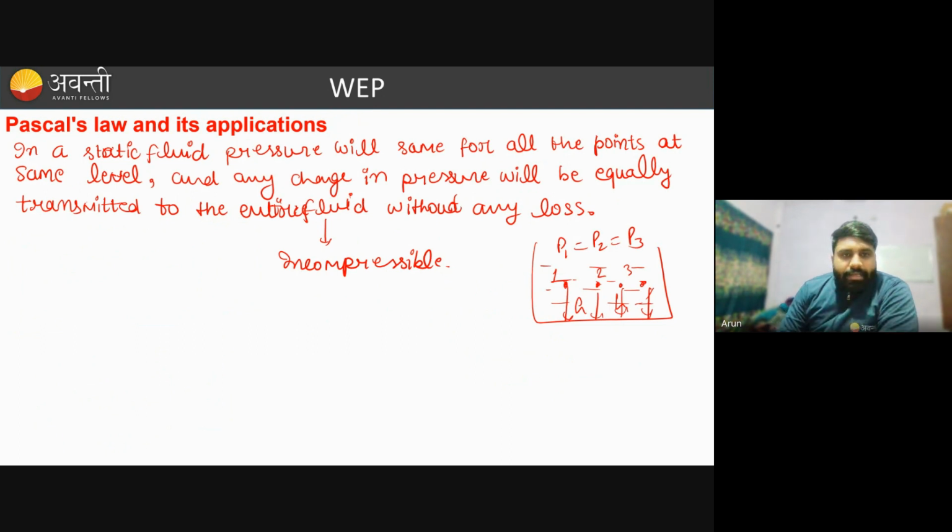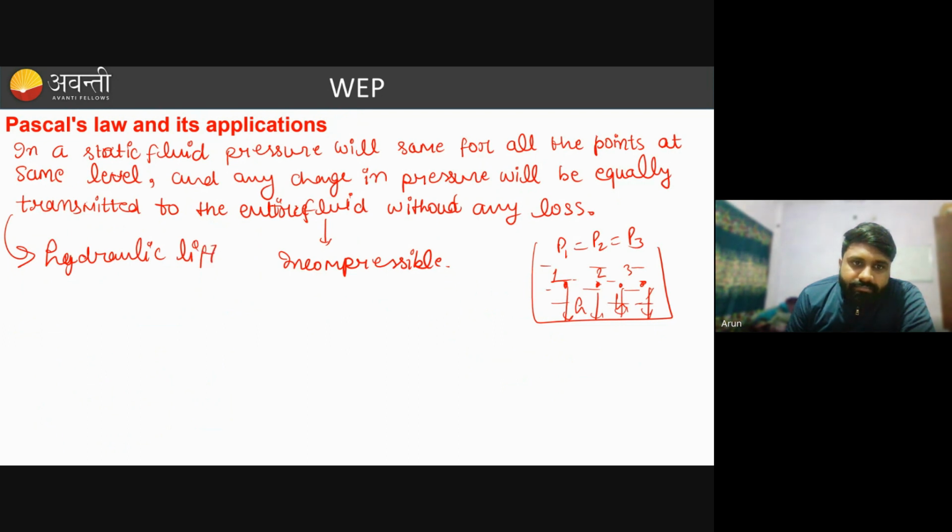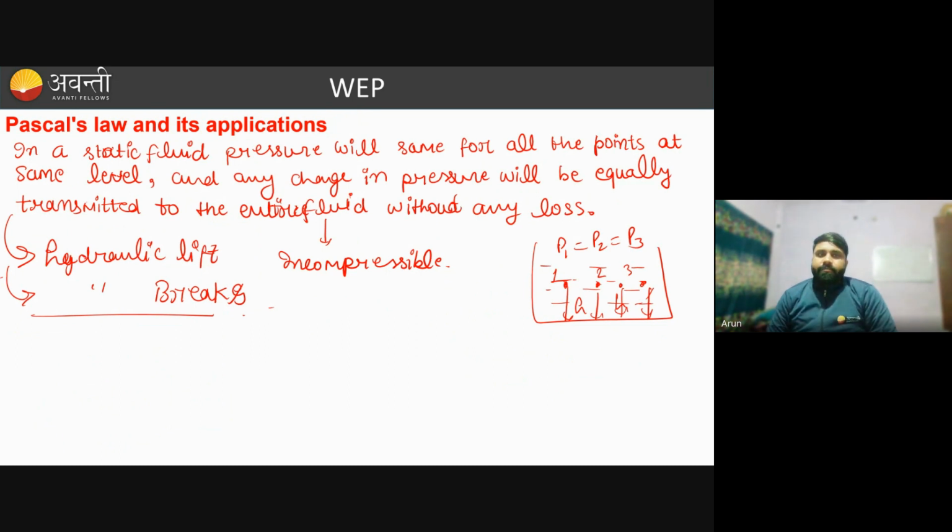Applications of this are hydraulic lift and hydraulic brakes. So these are the applications of Pascal's law.